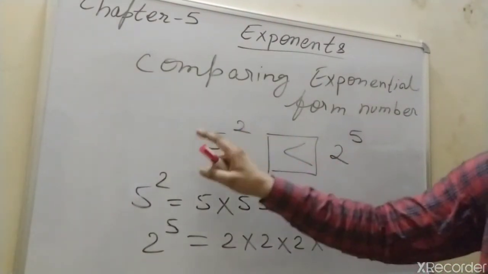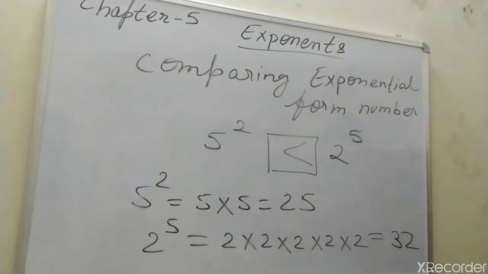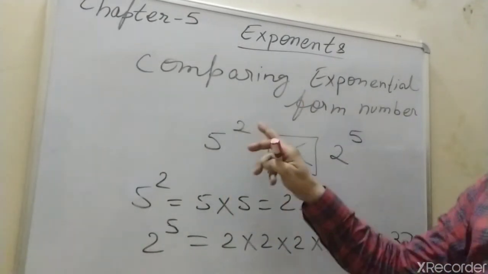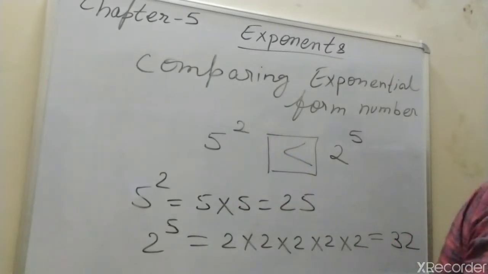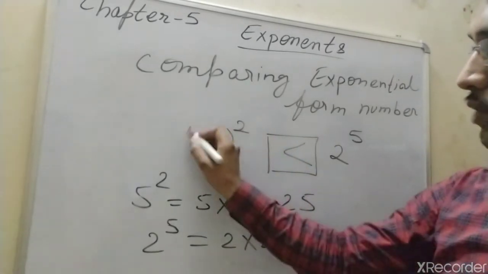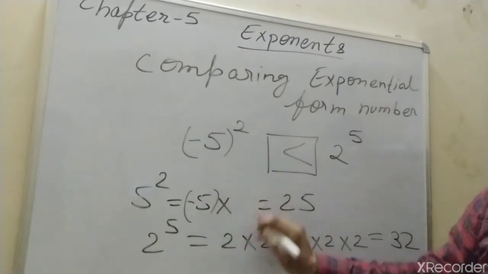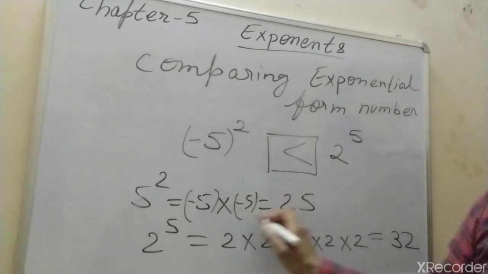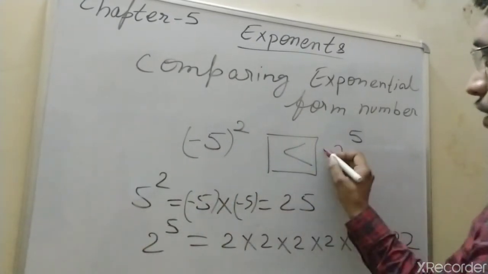If the base is given negative, then you will multiply the negative base with itself depending upon what is the power given here. Okay. If the number given is minus 5 to the power square, then here also you will multiply minus 5 into minus 5. You will get plus 25, and here minus 2 to the power 5.